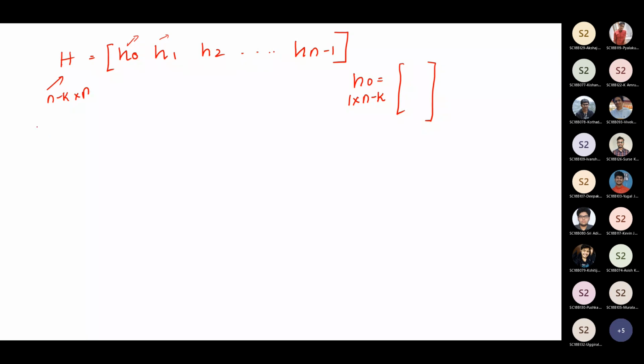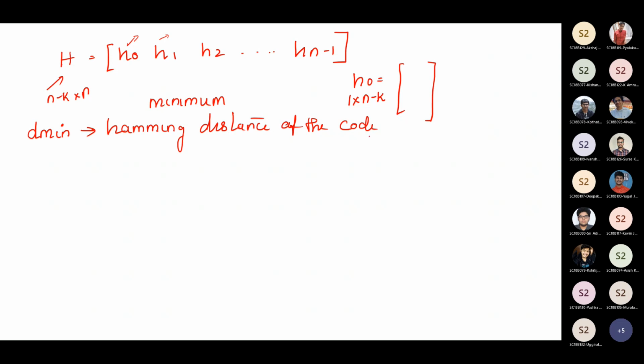So now we have seen one parameter, d minimum. This is nothing but the minimum Hamming distance of the code. Code is nothing but a collection of the code words. So d minimum, what is the information it is giving to us?